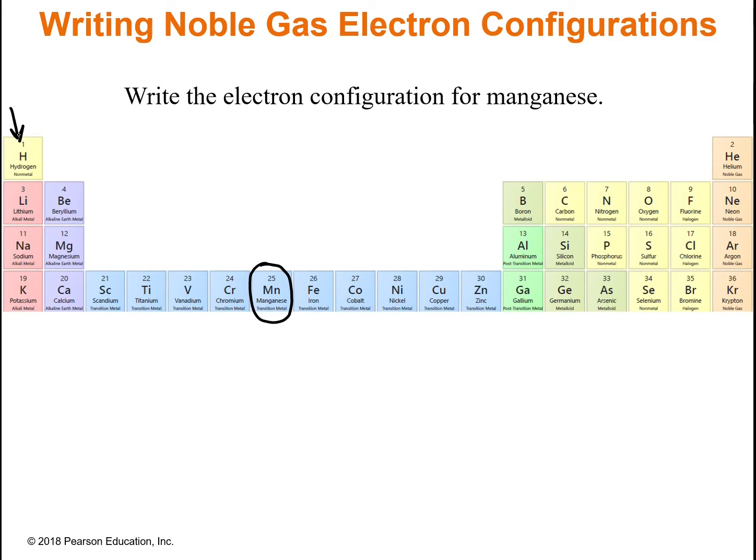It's a good place. I'm going to throw these labels up here just for reference. So if you weren't able to get that electron configuration, hopefully these labels will help you.